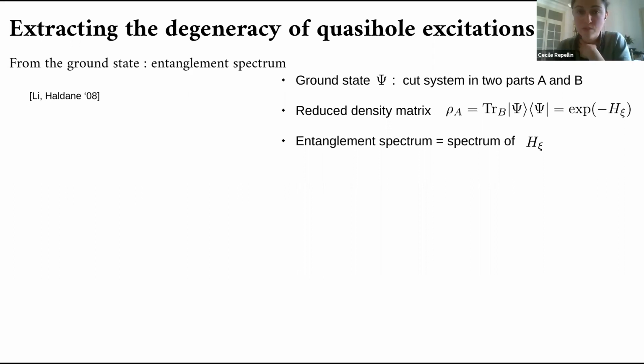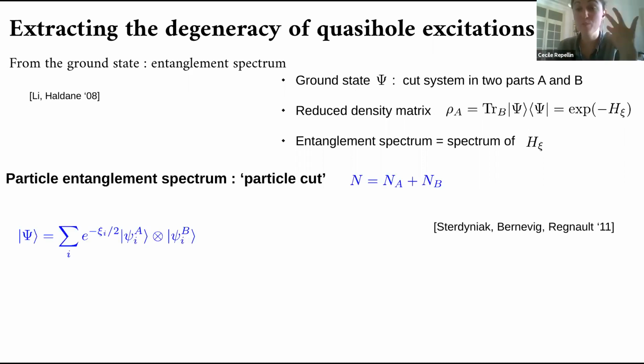Here, for the purpose of probing quasihole excitations, it's very useful to do a cut that's not the typical left and right cut that maybe you're used to, but a cut that's called a particle cut. So for a particle entanglement spectrum, for my two subsystems, I'm going to consider NA particles in one and NB particles in the other, such that the total NA plus NB is the total number of, let's say, bosons in the system.